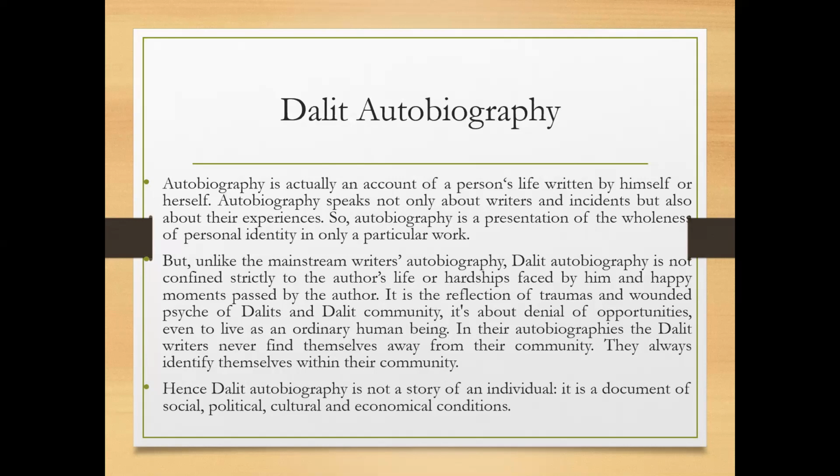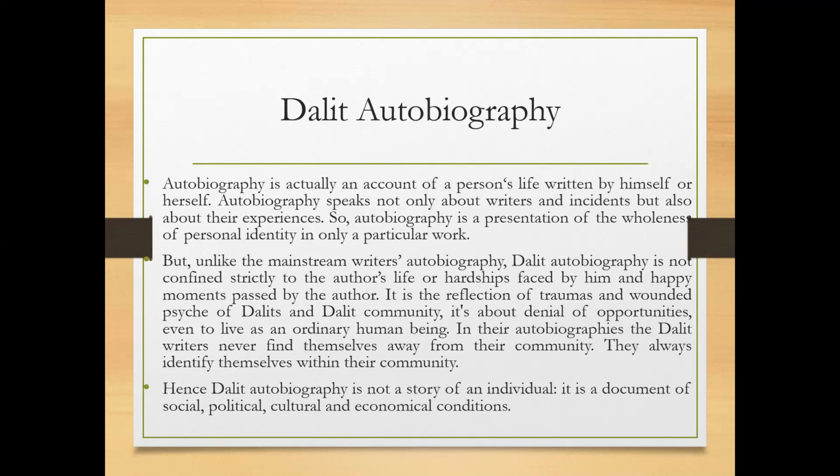But Dalit autobiography is different from mainstream autobiographies. In mainstream autobiography, what is mainly seen? The projection of the self. But in Dalit autobiography, we see the presentation of the entire community. Unlike the mainstream writer's autobiography, it is not confined strictly to the author's life, the hardships faced by him and the happy moments he passed.